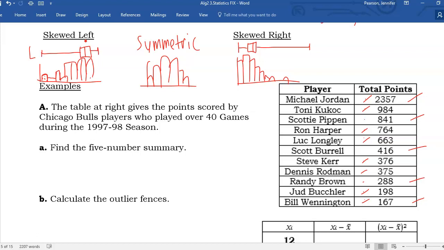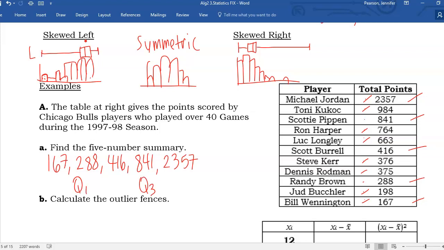So I'm going to write these out. We have 167 as the minimum, 288 as the first quartile, 416 as the median, 841 as the upper quartile, and 2,357 as the maximum.